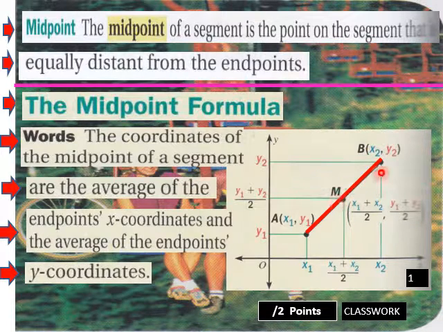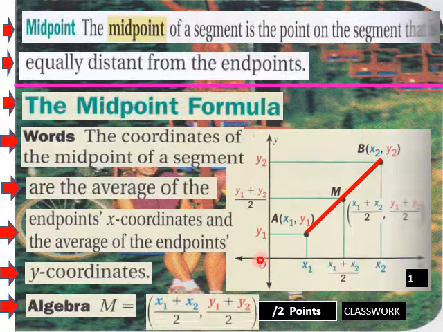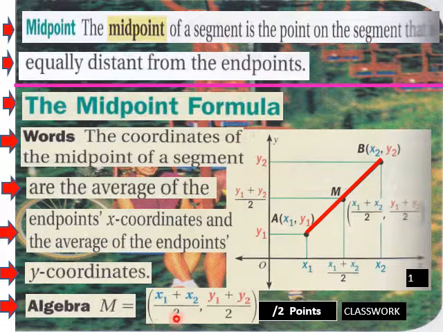That would be the midpoint of this line segment. So the algebra for this would be M equals x1 plus x2 over 2, and y1 plus y2 over 2. That's the idea behind finding the midpoint of a line segment.